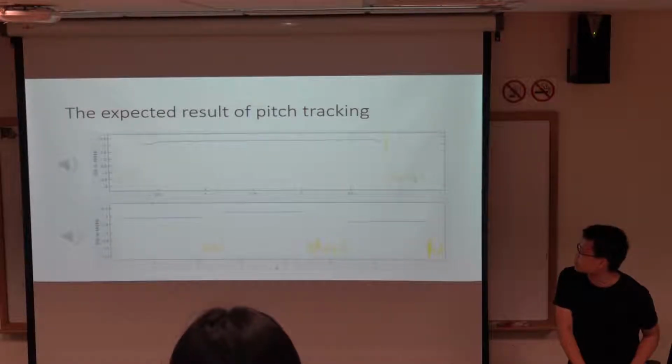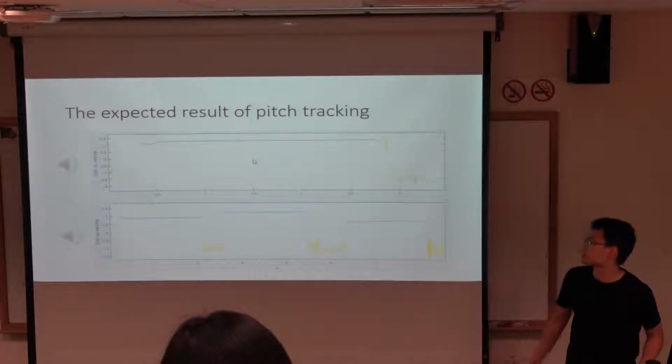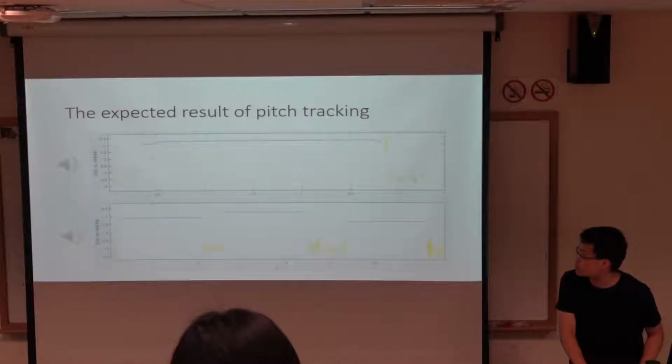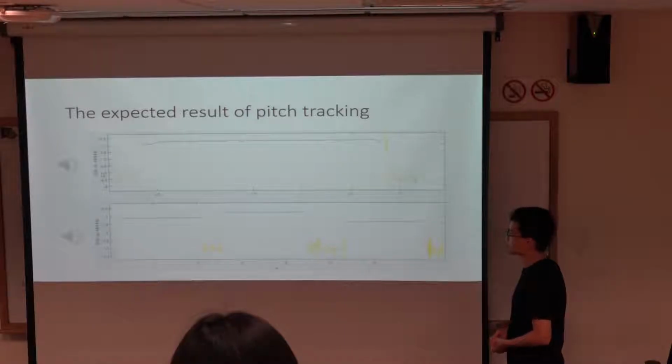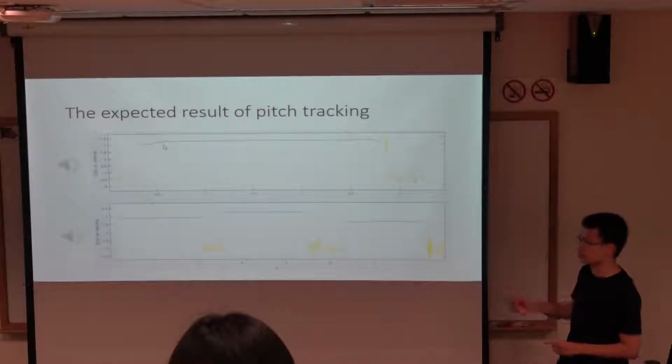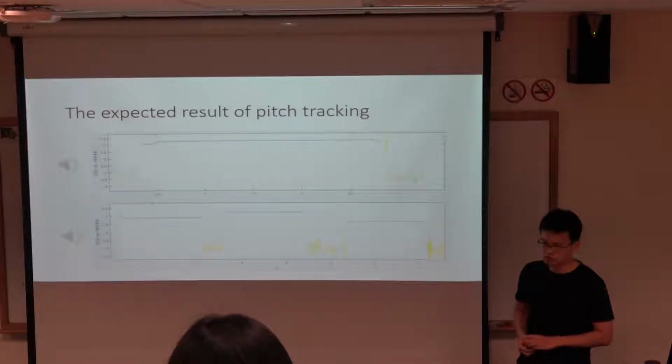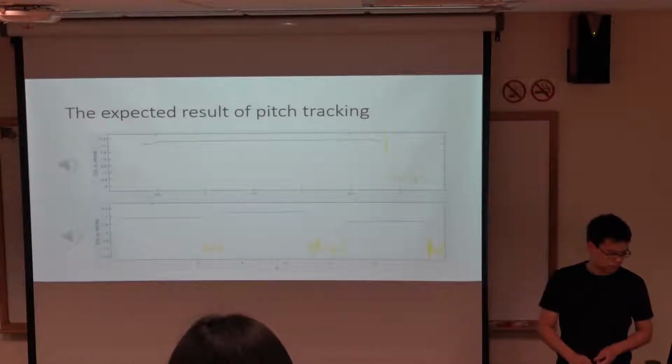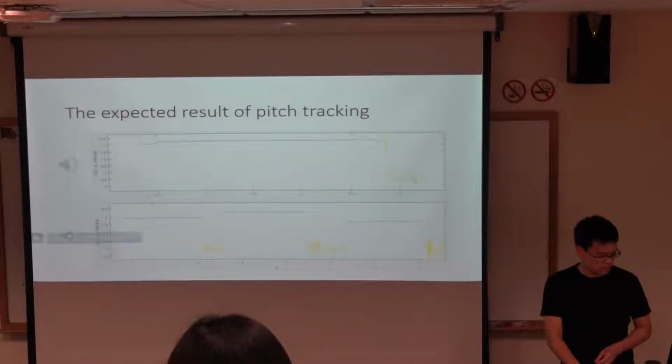So the blue line is where we have very high confidence to predict that the frequency is here. Well, I changed the vertical value to music notes. So this -1 means 1 octave lower than the standard 440. Okay. And this is another example.